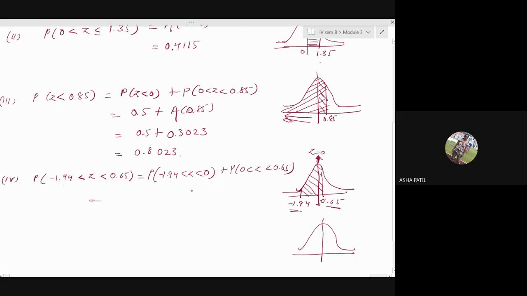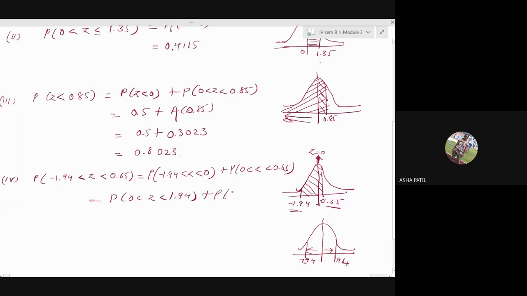Now here probability that z lies between minus 1.94 up to 0 will be same as 0 to 1.94 because the curve is symmetric. Whether you take the area to the left side or to the right side, it will be same. So instead of writing probability that z lies between minus 1.94 to 0, we'll write it as 0 to 1.94.